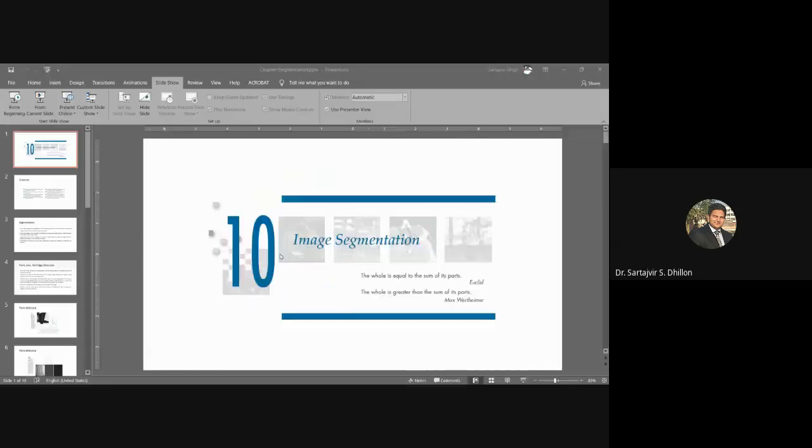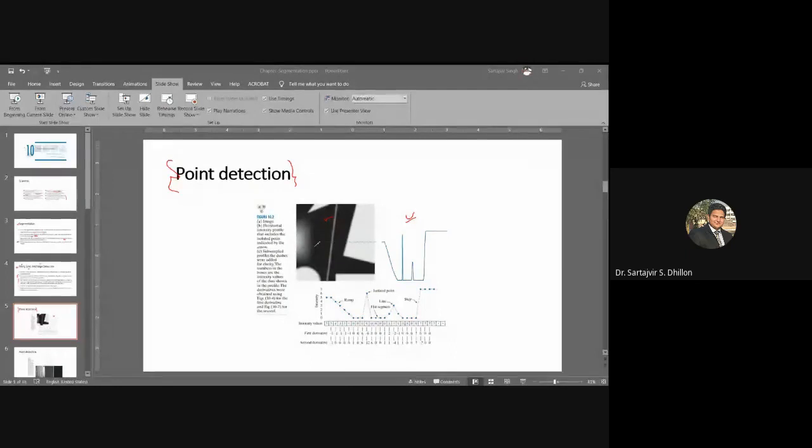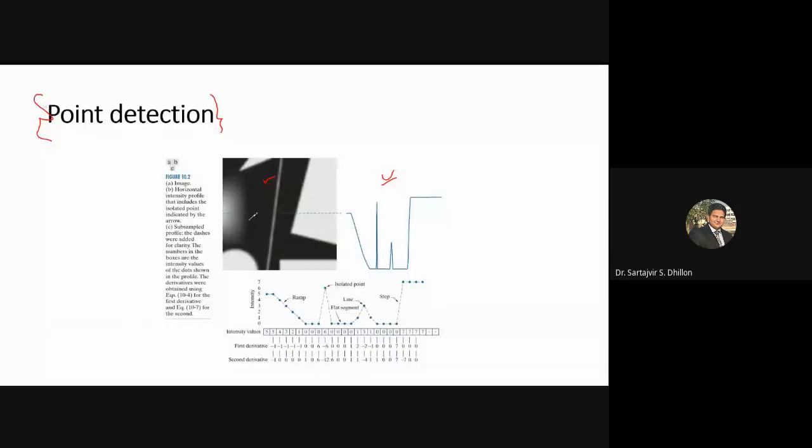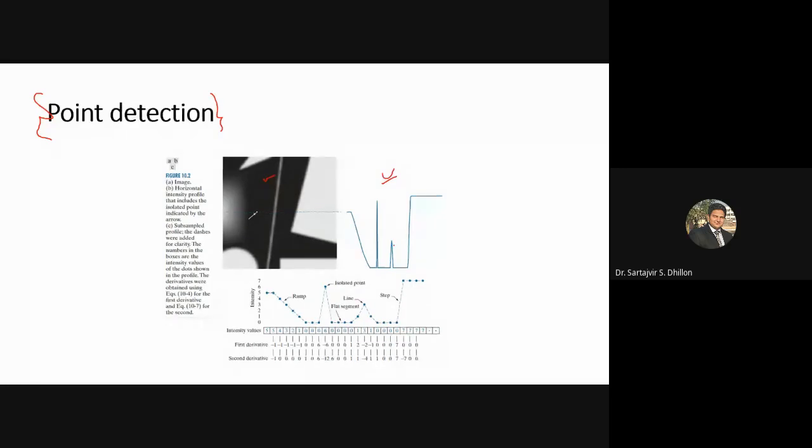Here there is the intensity profile, and figure C is a subsampled profile. The dashes are added for clarity, and we will do this step by step.